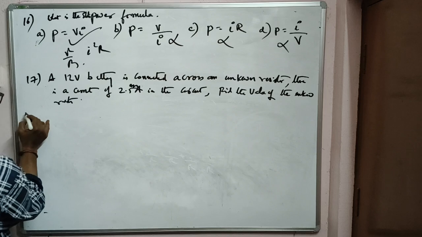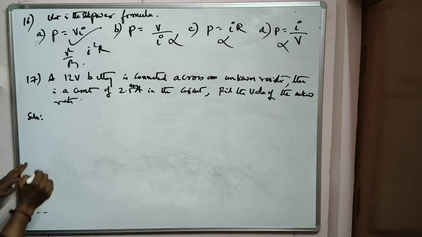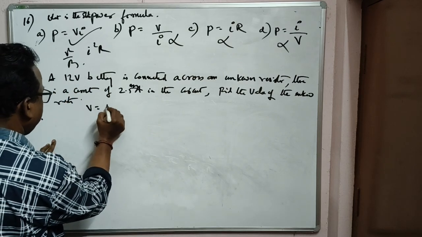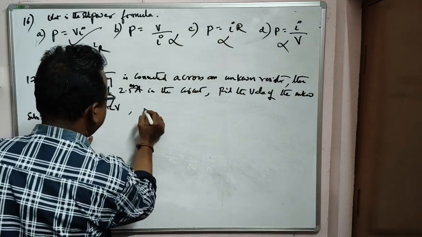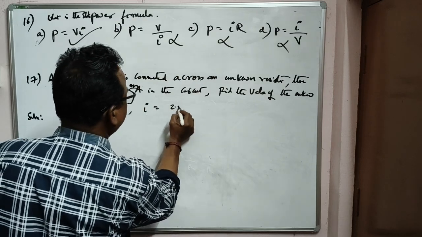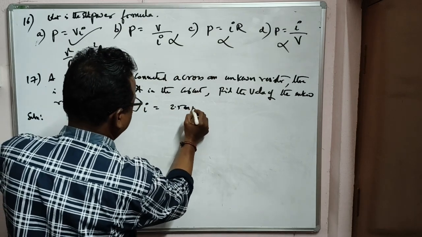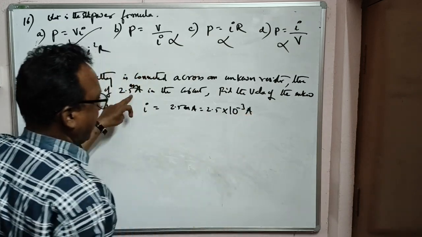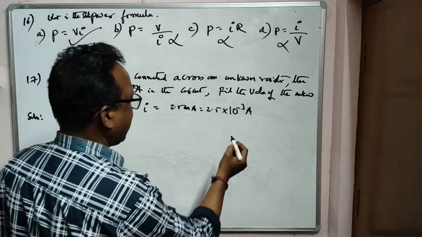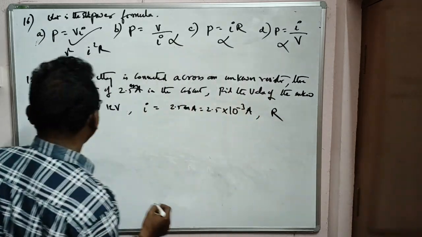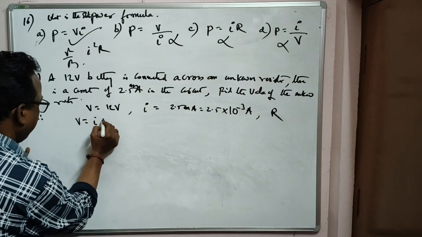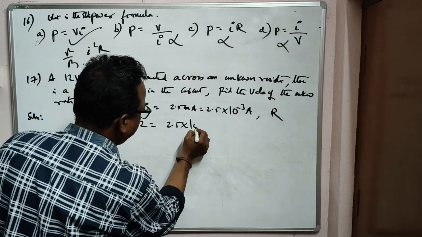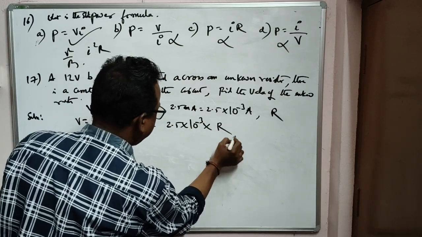Okay. So for this one, the solution: what all has he given? Voltage is given as 12 volts. Current is given as 2.5 milliamperes. That means 2.5 into 10 power minus 3. Milli means 10 power minus 3, micro means 10 power minus 6. Now he is asking you the value of R. So simply apply Ohm's law. V is equal to IR. So 12 is equal to 2.5 into 10 power minus 3 into R, the unknown resistance.